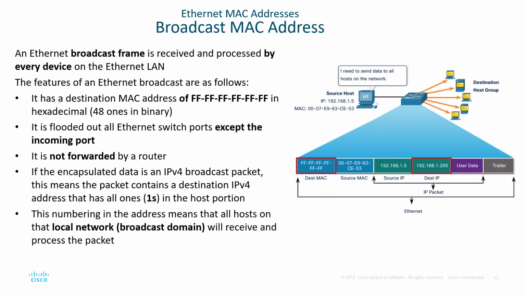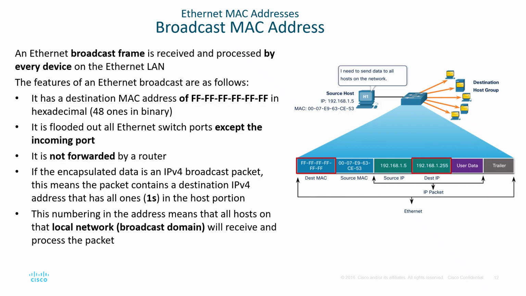Now, an Ethernet broadcast frame is received and processed by every device on the Ethernet LAN. So the features of an Ethernet broadcast are as follows. It has a destination MAC address of FF:FF:FF:FF:FF:FF in hexadecimal, 48 ones in binary.